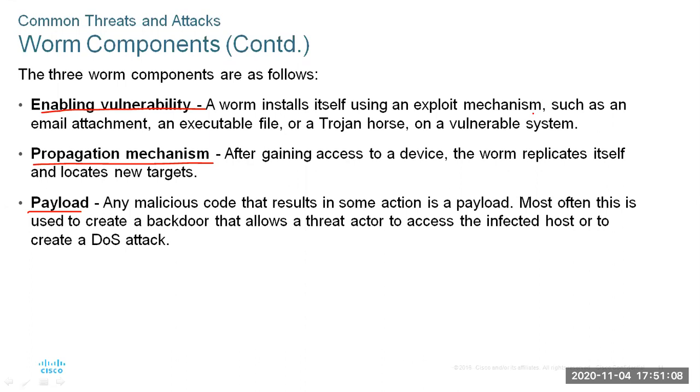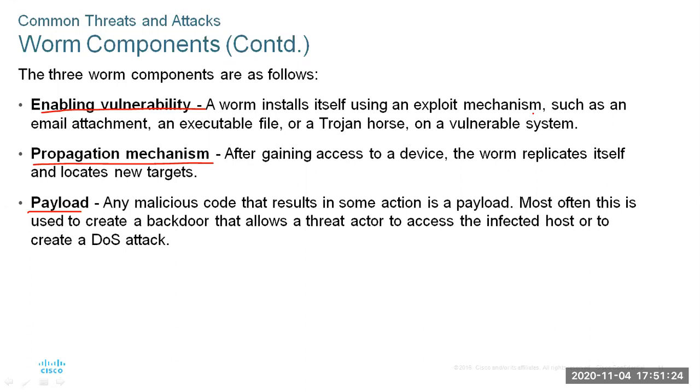Okay, so the propagation mechanism: after gaining access to that device, the worm begins to replicate itself and locate new targets. And it locates these new targets through the network.